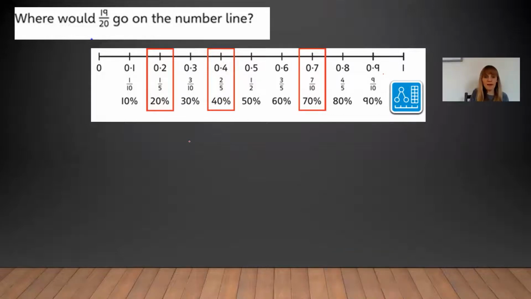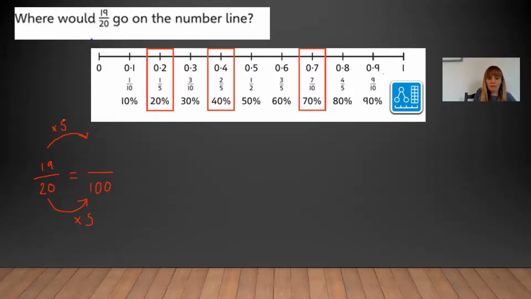Okay, so if we think about 19/20, how am I going to make this fit on here? Because this is either in tenths or in fifths, or in percent or in a decimal. Well, I think what I'm going to do first of all is try and put this over 100. So from 20 to 100, I've got to multiply that by 5, haven't I? So that means I've got to multiply the top number by 5.